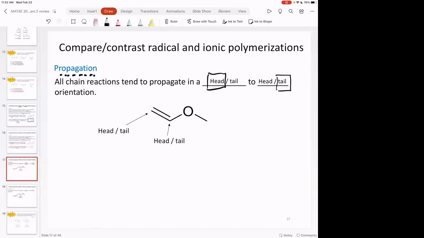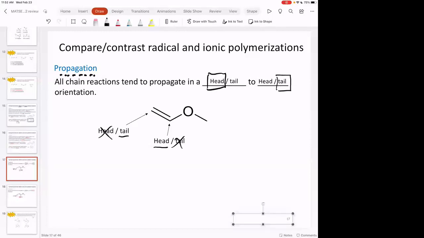Why isn't it tail to head? They're just the opposite. Why doesn't it go tail to head? Because the head is what can support the radical, right? And so remember, the head is the most substituted carbon. This is the tail, which is the least substituted carbon.